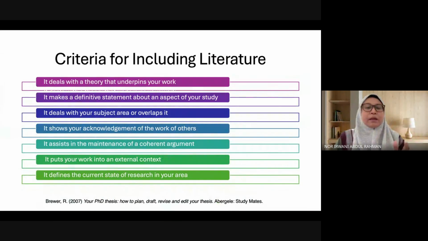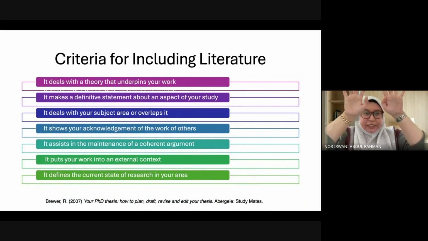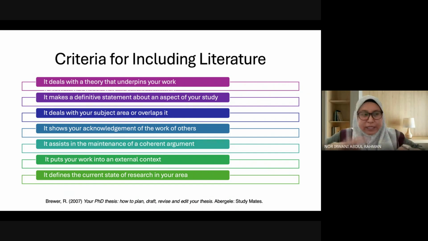This is the inclusion criteria when we do our literature search. We are looking for a theory. There is a theory that comes with one sentence to describe the idea, but it's still a theory.